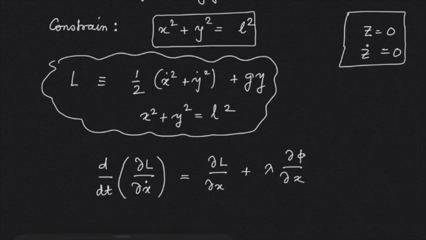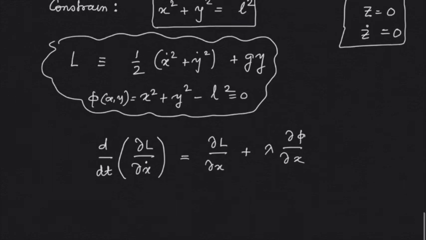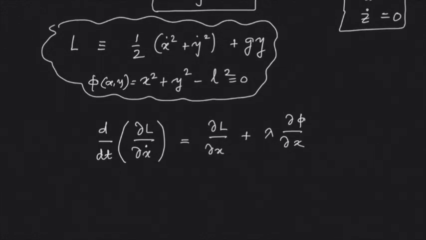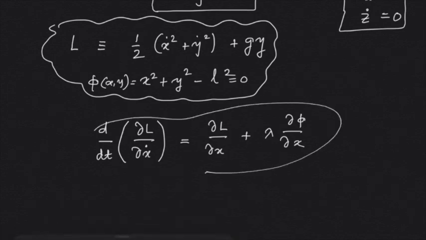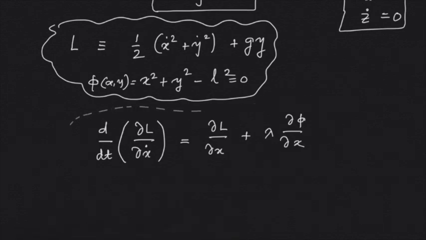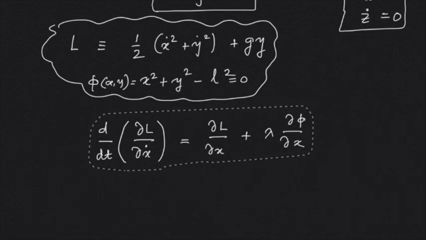Here I should write this equation as x squared plus y squared minus L squared equals 0. So that is my phi as a function of x and y. I have only one constraint, one phi. And then the other equation will be, so again, let me keep this a little bit on the left.